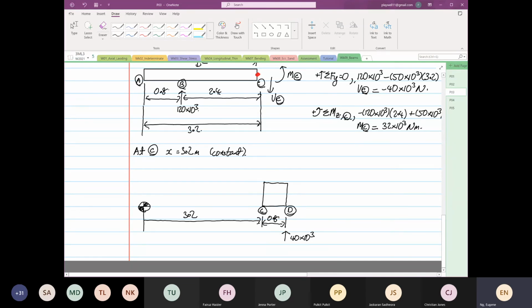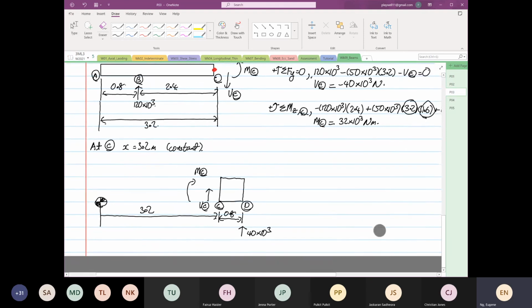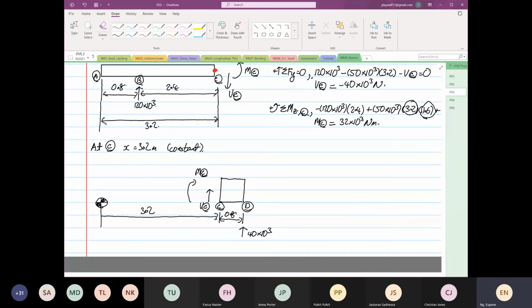So what changes now? Again, it is a positive shear, positive bending moment. Analysis is from right to left now. So this is our V at point C, and this is our M at point C. Okay, that's our right. So we are going to do static analysis again.